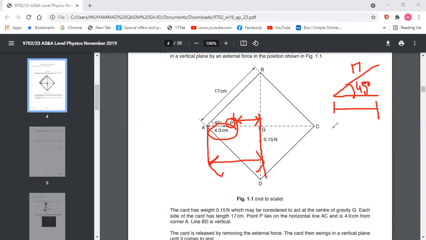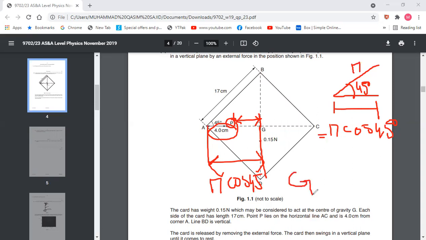This component must be 17 cos 45. This is the total distance from this point to this point. Distance is 17 cos 45. Now we have to find the distance GP.